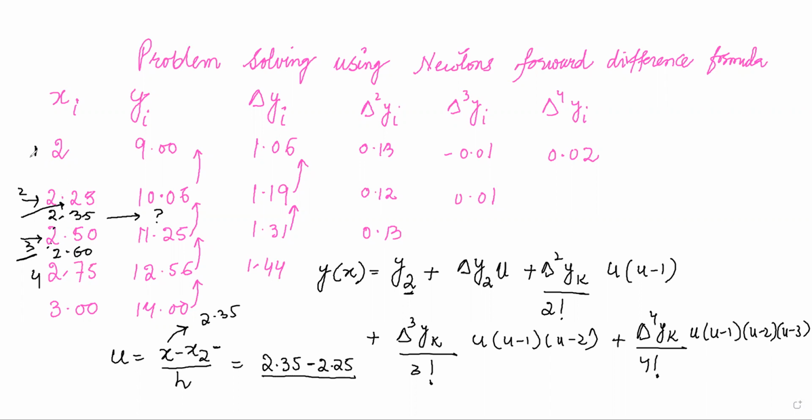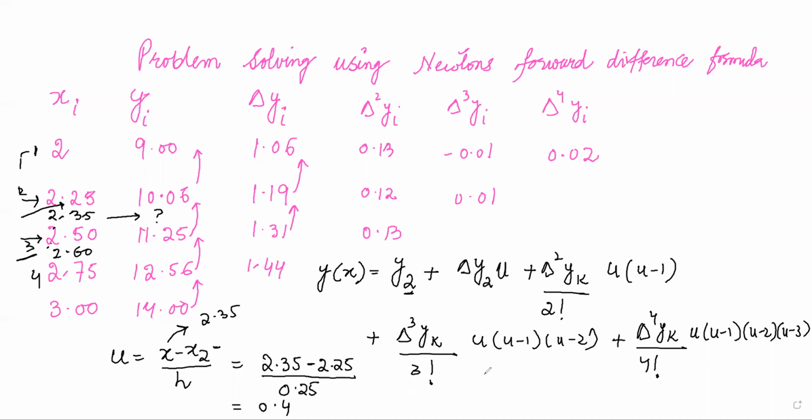What is the difference in the x values? That's 2.25 minus 2, which is 0.25. So 2.35 minus 2.25, divided by 0.25, is equal to 0.4. So the value of u in all these formulas is 0.4. Fine.